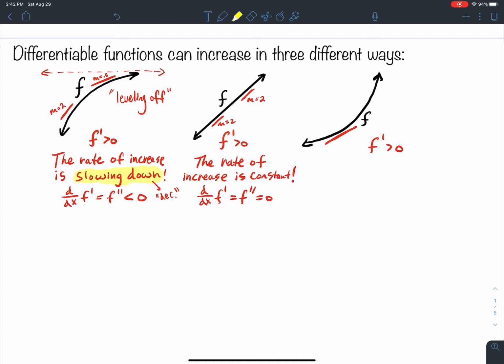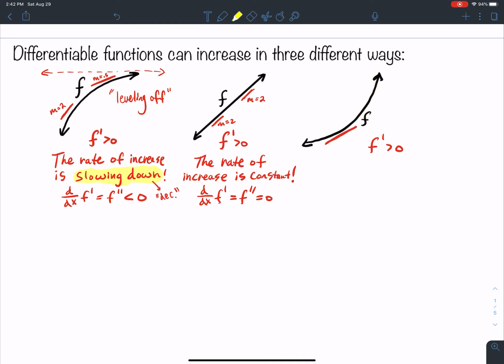This next one here, we can increase. Here we were increasing, and as we increased, it leveled off. Here we increased at a constant rate. And this last one here, we're increasing. It almost looks like it's exponential, right? The more we increase, the more we increase. Like you think about exponential population, the more people there are, the more the population is going to grow at a higher rate.